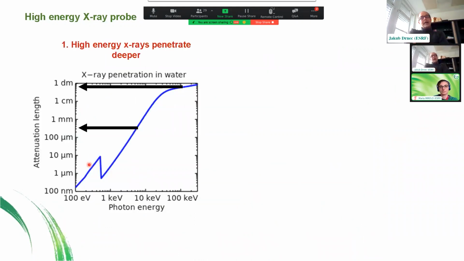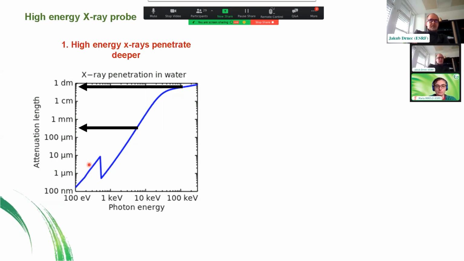So now, why do we want to use high energies? That's important, right? Because we're specializing in these operando and in situ experiments, which are complicated. And high energy probes help us a lot because, first of all, they have high penetration. It's very difficult to make a real device where you have to miniaturize everything because your probe is not penetrating.